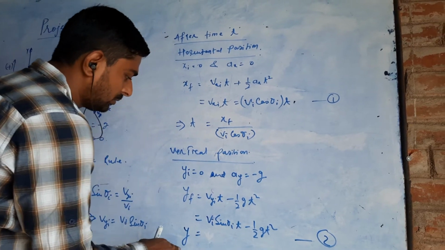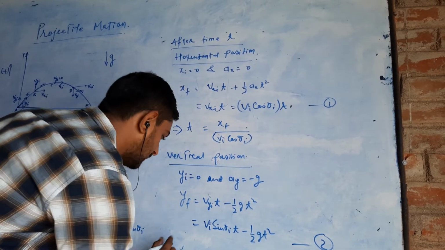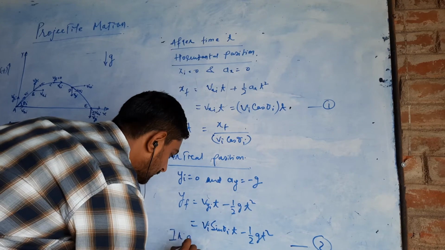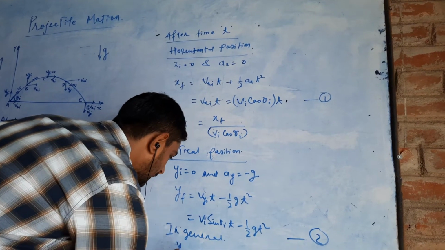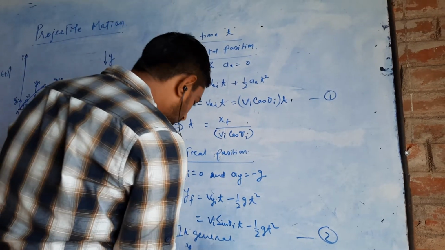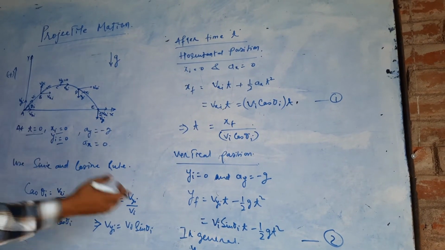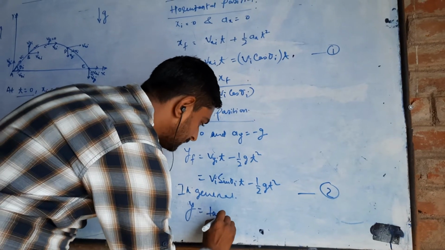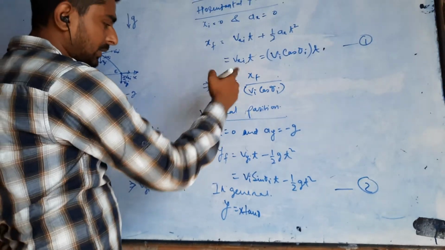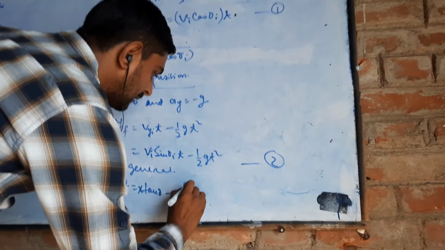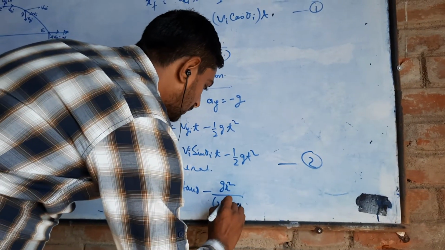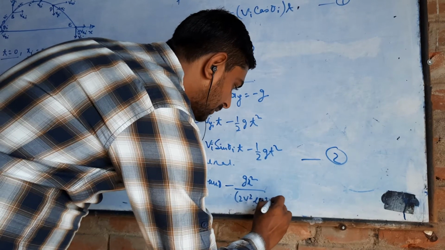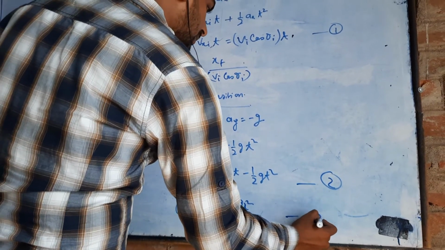In general, I can write y equals x tan theta minus g x square by 2 vi square cos square theta, because the equation is valid for all values of x and y. This is our equation number 3.